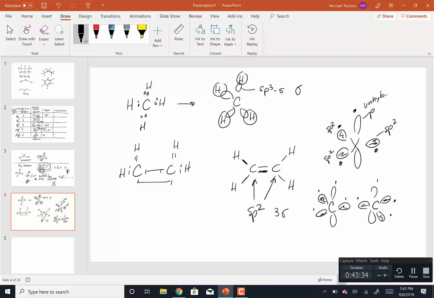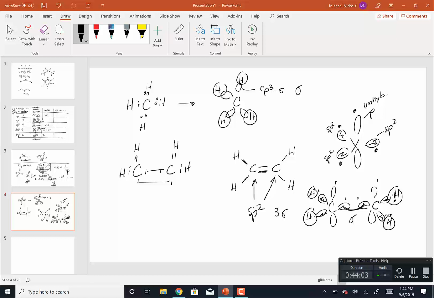On the left and the right side of the molecule, what do I have? I have my hydrogen 1s overlapping with the sp2 hybrid orbital. What do I do with these 2 orbitals? Right here, I make a sigma bond. And I made the sigma bonds to the carbon and hydrogen.